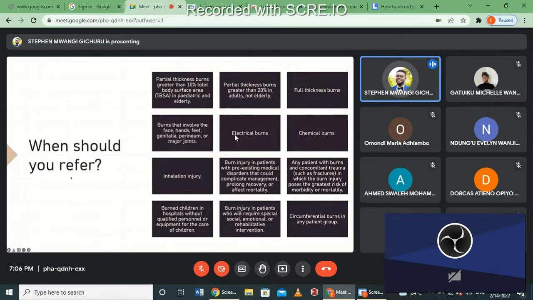When I say refer, I mean these are burns that have to be treated in a burn center. If the criteria are not met, you can easily manage in a level 5 hospital or level 4, wherever you decide to do your internship. They always have a burns unit. So you have to decide based on this. So you've said electrical burns, chemical burns, inhalational burns.